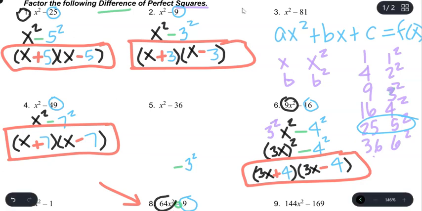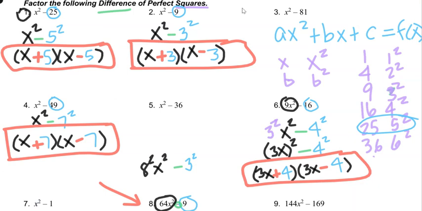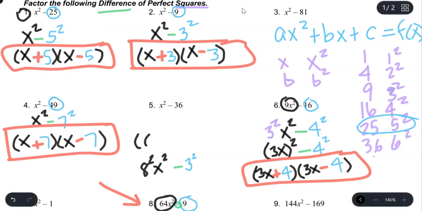So what do I do with 64x squared? Well, 64 is a perfect square. That's the same thing as 8 squared. So basically, I have 8 squared times x squared. When I rewrite that, I'm going to write it up here as 8x squared minus 3 squared.